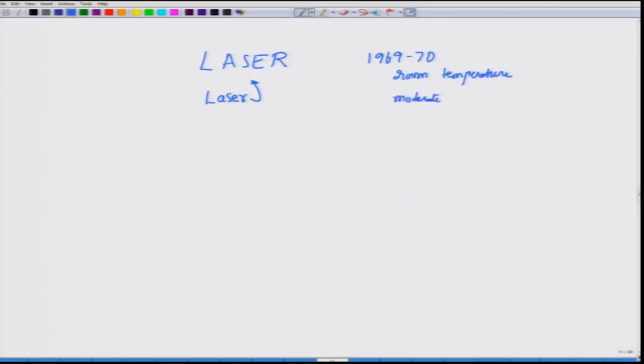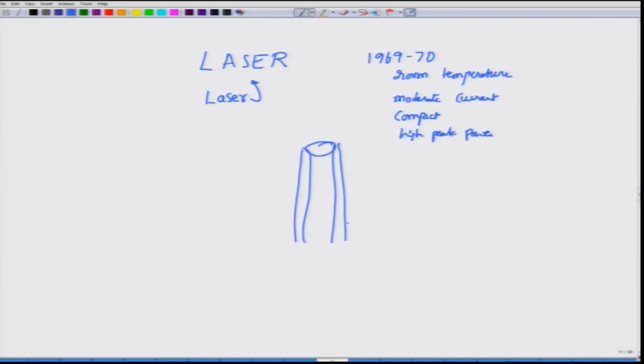A few milliamperes of current was sufficient, and these light sources were also compact, could produce reasonably high peak power, and we could efficiently launch this light into the optical fiber. During this time of 1969-70 is when we also got low loss optical fibers.